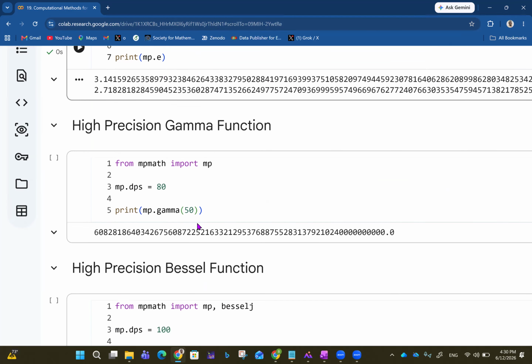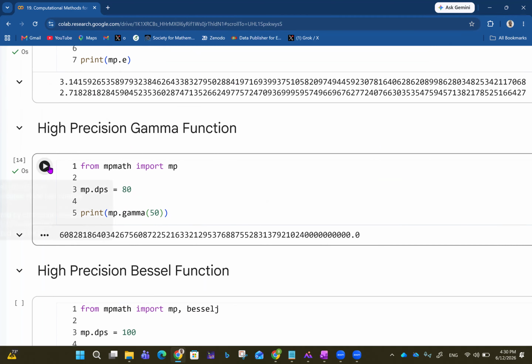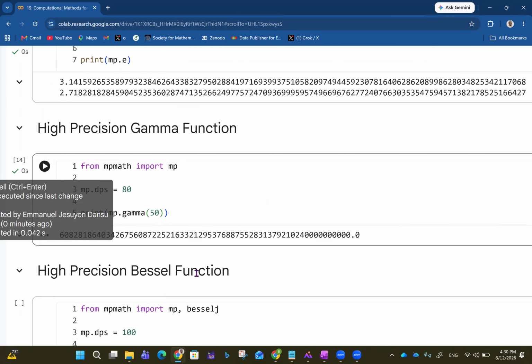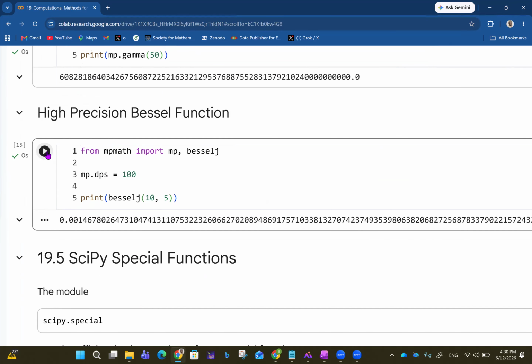Then we have the high precision gamma function, right? For this, maybe you want gamma function to 80 decimal places. So you have this, which doesn't yet have any decimals. Then we have the high precision Bessel function. For the Bessel function, you also get that, right? With 10, 5, you get that high precision Bessel function.